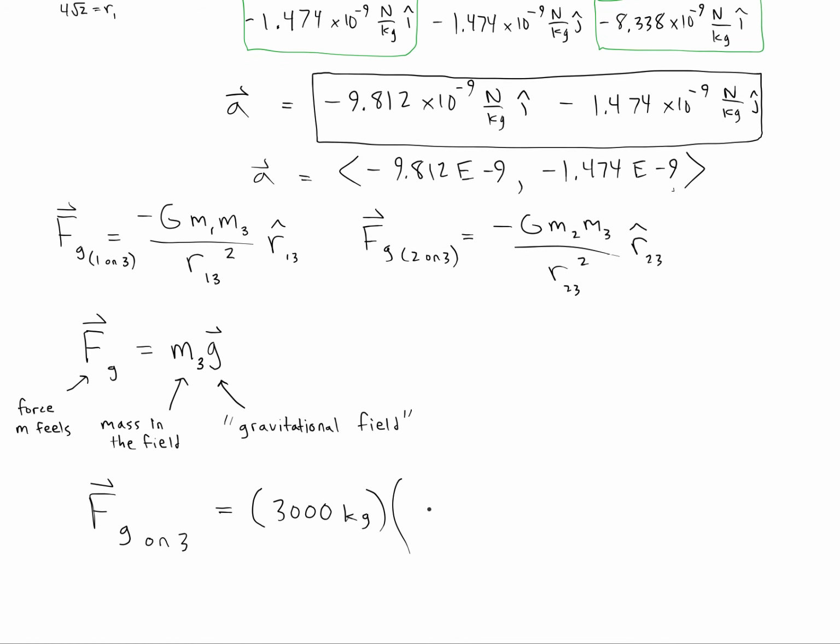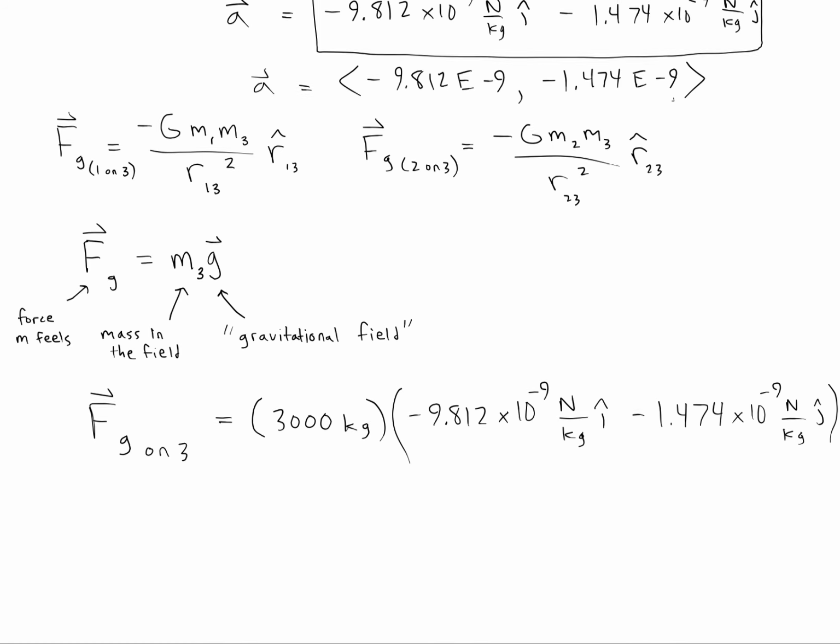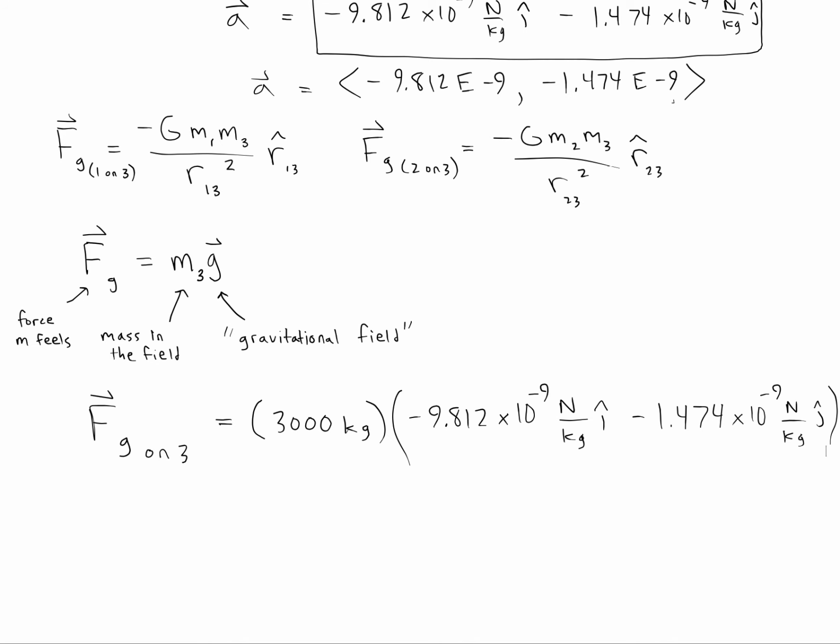We want to multiply by the negative 9.812 times 10 to the minus 9I minus 1.474 times 10 to the minus 9J. Alright, so see here, G is A. They're both an expression of the gravitational field. So let's see what we get.